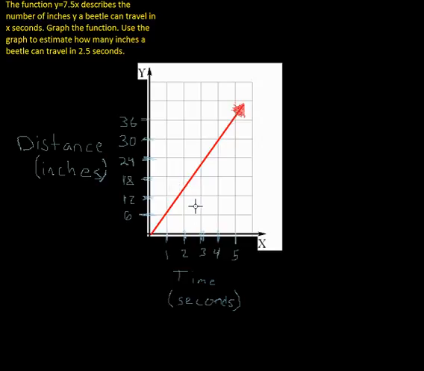And also, what will that distance be if the beetle travels for 4 seconds? Well, scroll back up. You see that the distance is 30 inches in 4 seconds. But the question's not asking us to do that. The question is saying, use the graph to estimate how many inches a beetle can travel in 2.5 seconds.